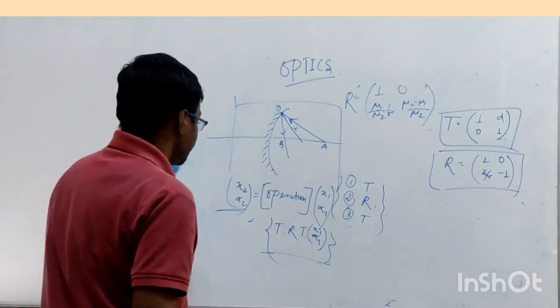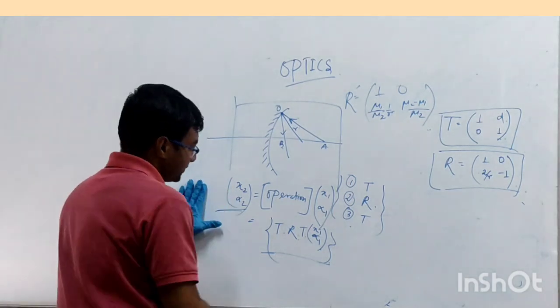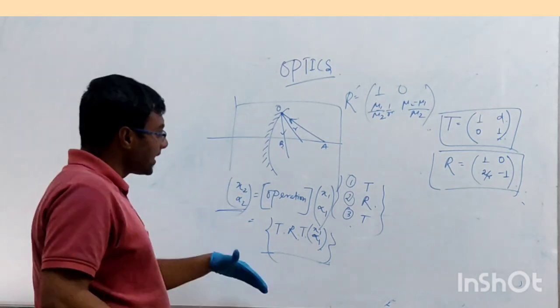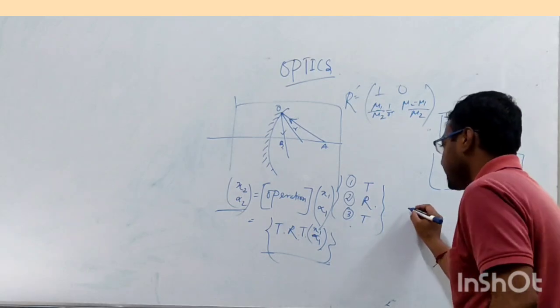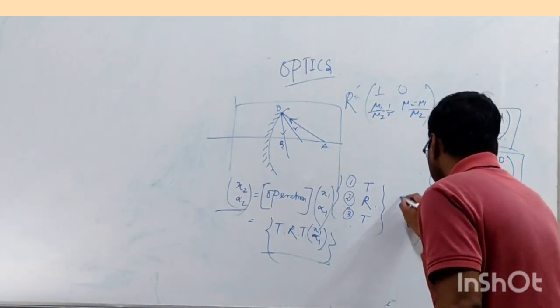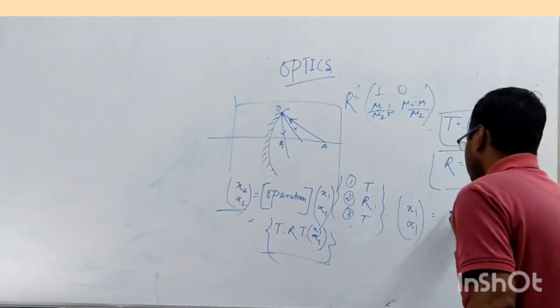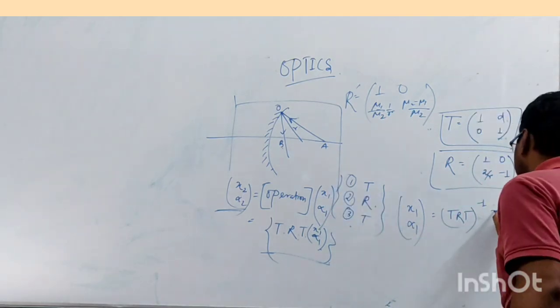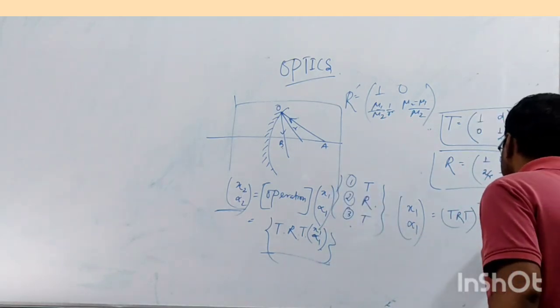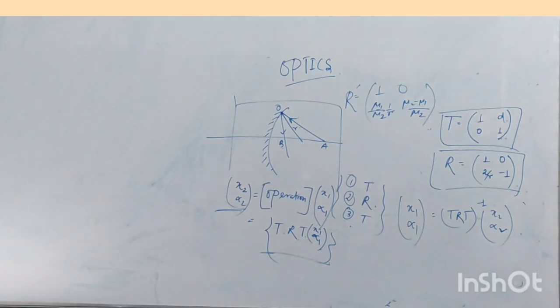So if we make it in the reverse way, then what will be the condition? If we make it in a reverse way, then x1 alpha 1 should be equal to TRT inverse into x2 alpha 2.